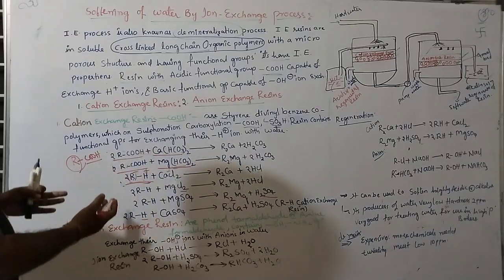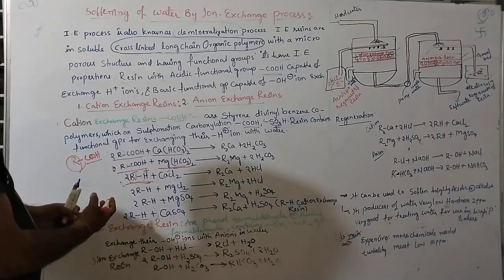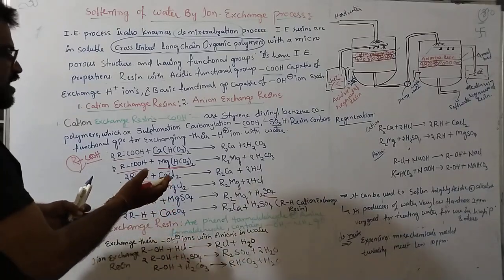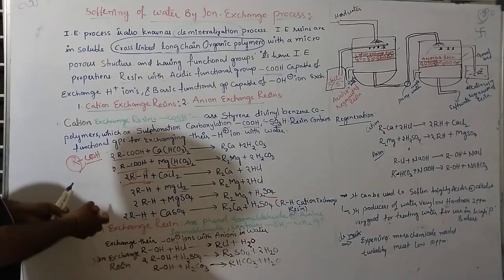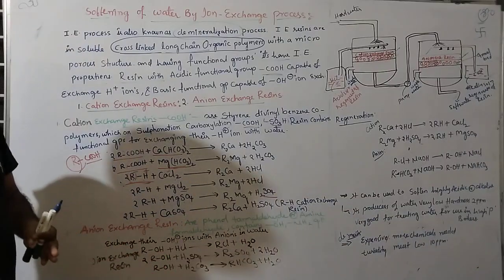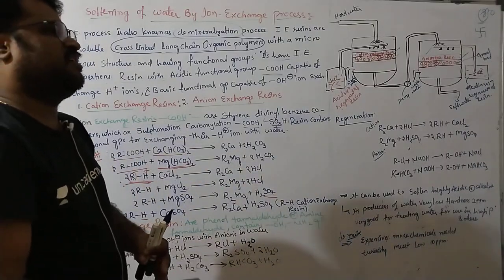Any kind of metal will bind with these carboxylic acid resins and be exchanged. Demineralization means removing the excess of minerals.